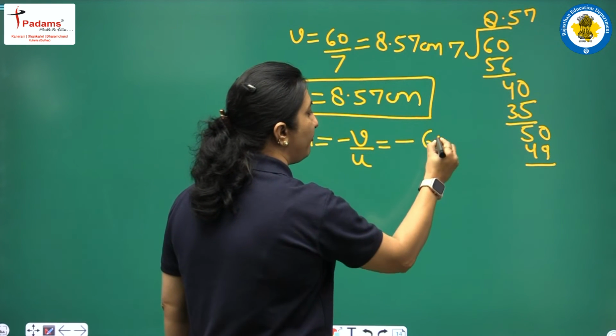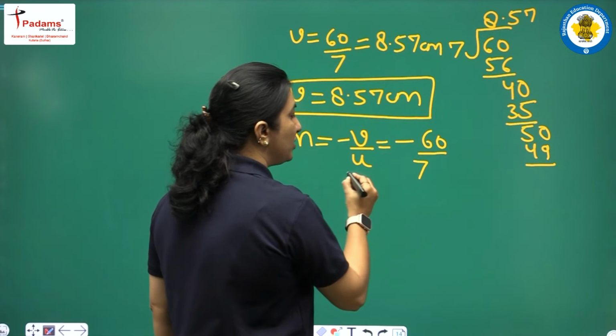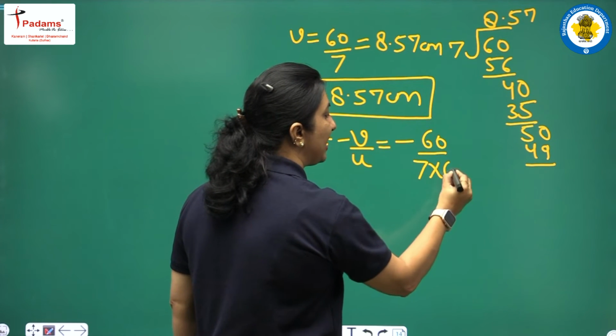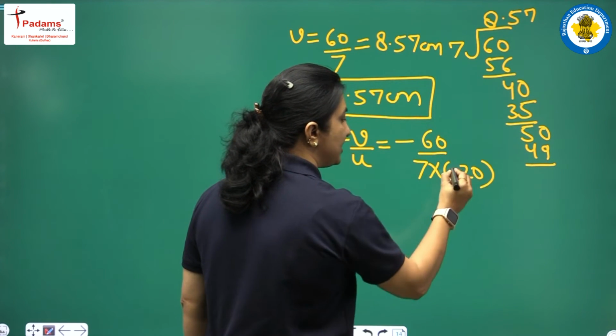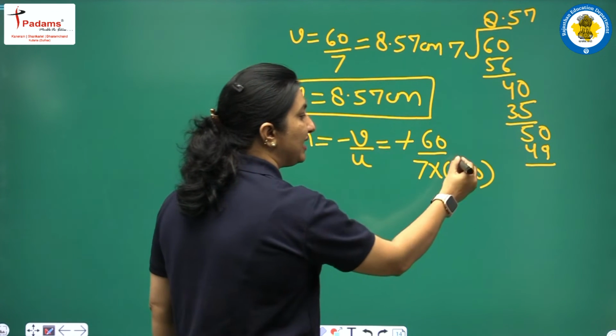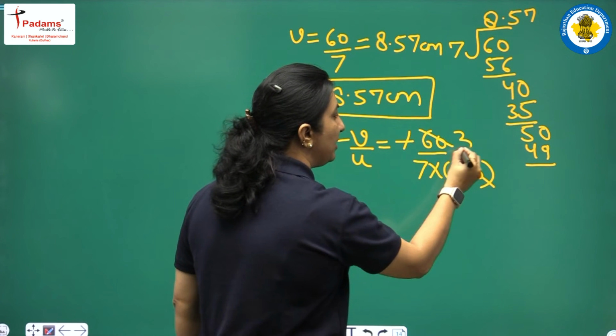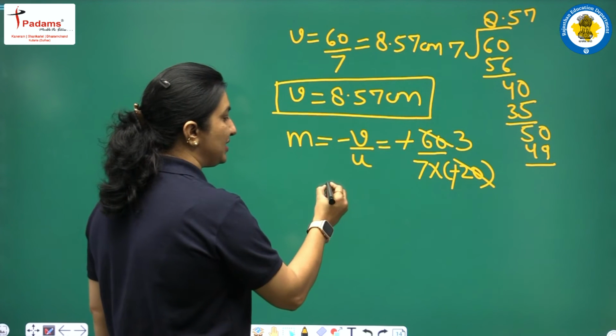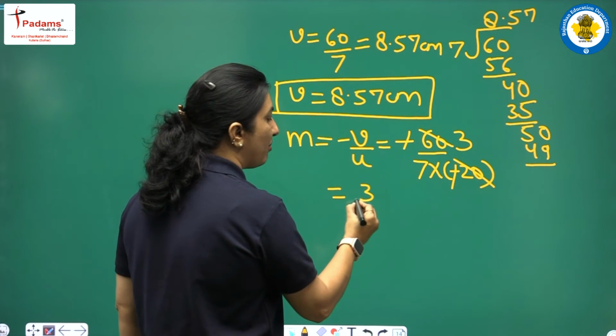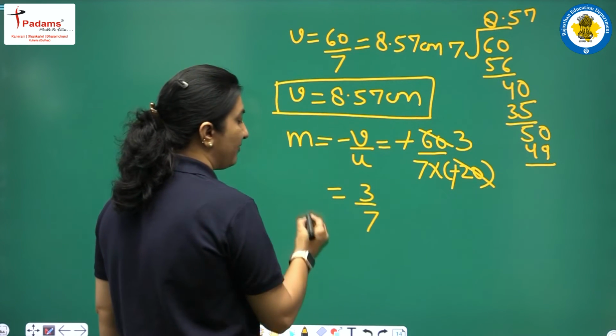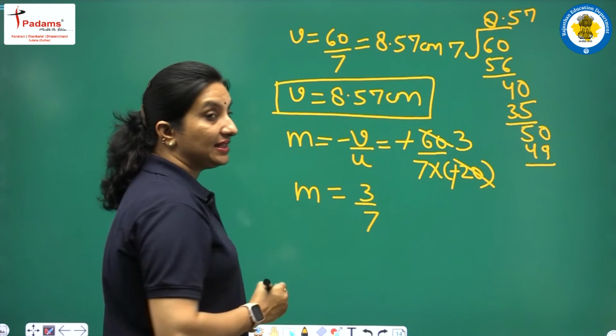So the value of V I have taken 60 upon 7 and U is given as minus 20. The negative sign will go with the negative sign and this will be 2 3s are 60. So the value of M will come out to be 3 upon 7 with a positive sign.